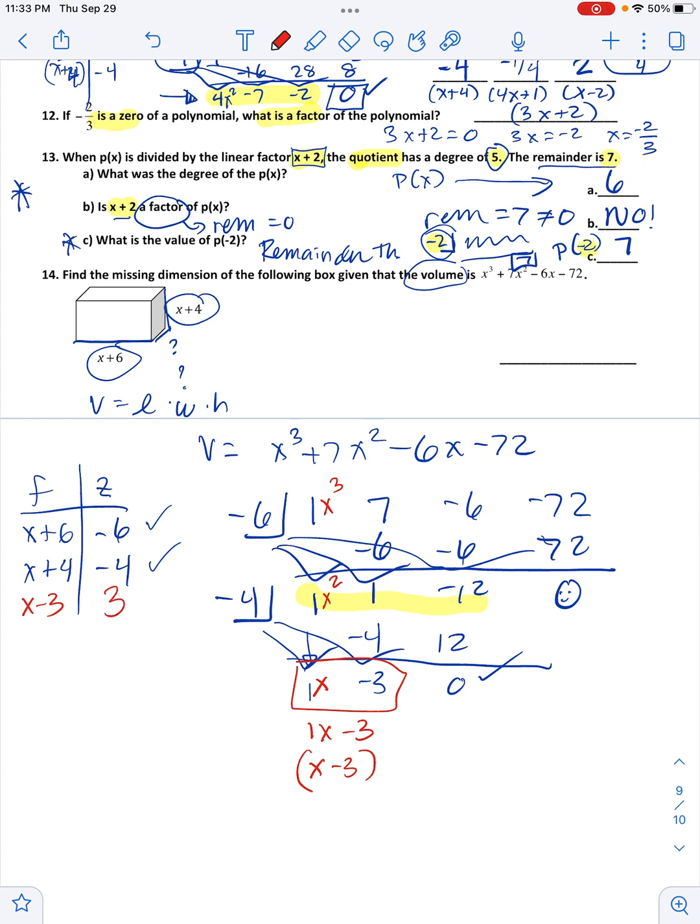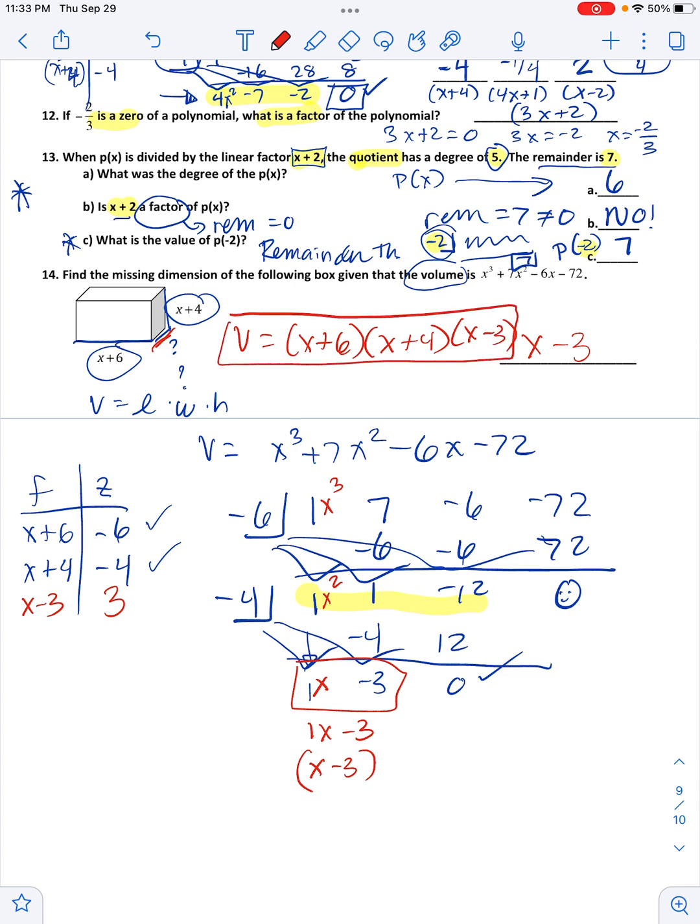But the question was asking, what's this other dimension? And the answer is going to be x minus 3, because that's the missing piece. My volume came from x plus 6 times x plus 4 times a third dimension, which is no longer a mystery. And if you're finished early, since there's not a prize for being done first, if you're bored, you could go ahead and FOIL this all out and you should get that function.